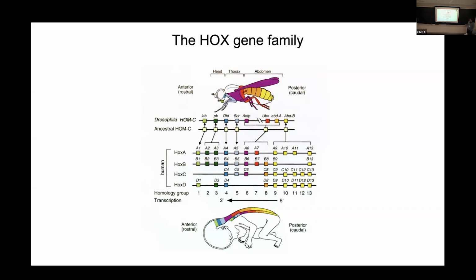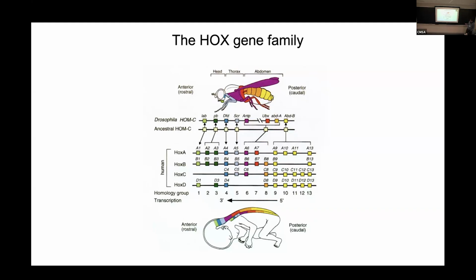And so in mammals, we also have this striking collinearity, meaning that the genes that have these low numbers, like 1, 2, 3, are expressed very anteriorly, whereas the ones that have numbers like 9, 10, 11 are expressed very posteriorly. The numbers are called paralogs, because they result from the duplication of this ancestral cluster.